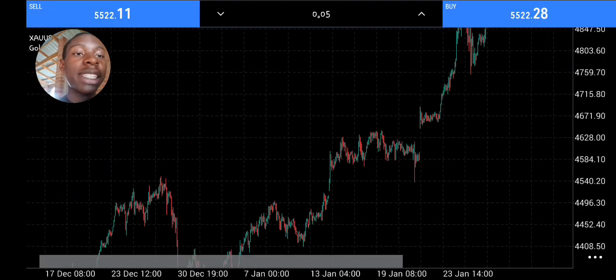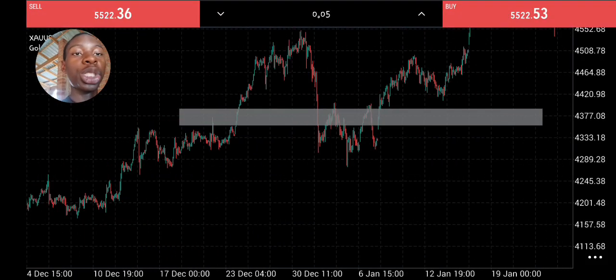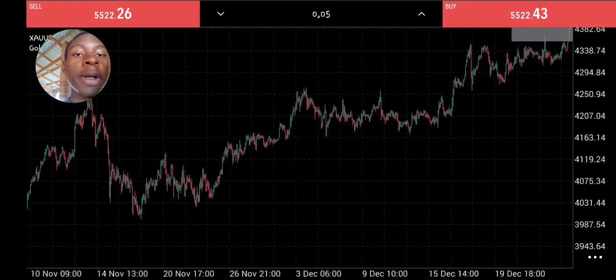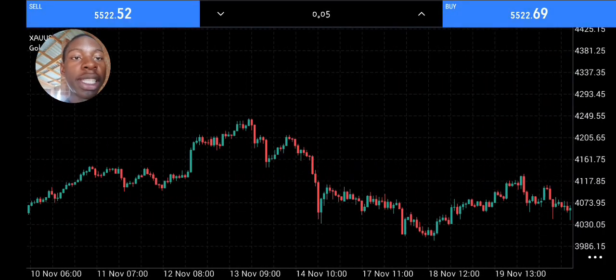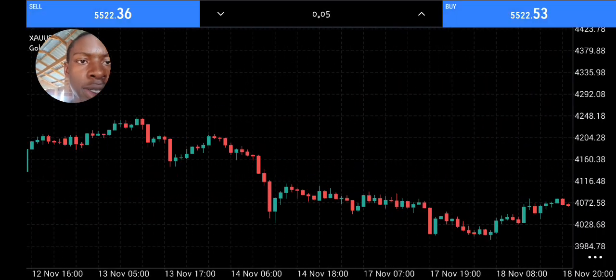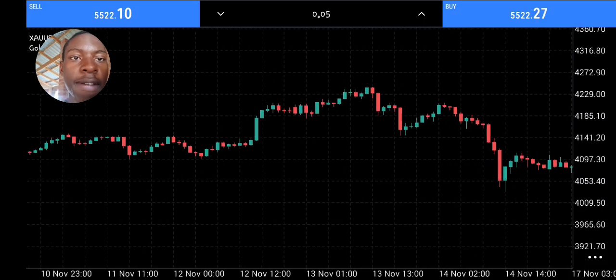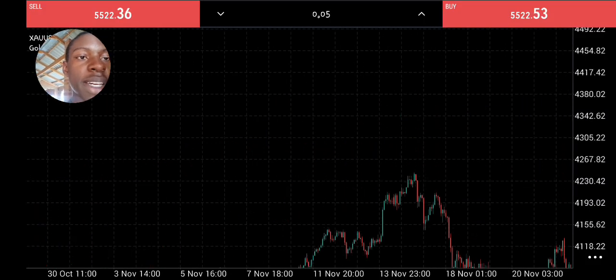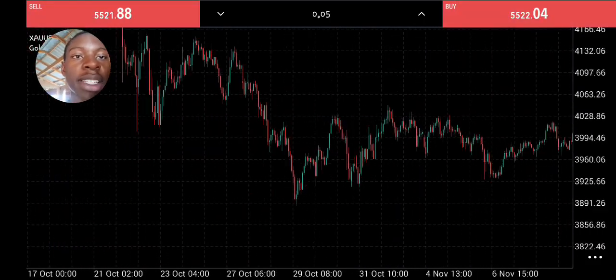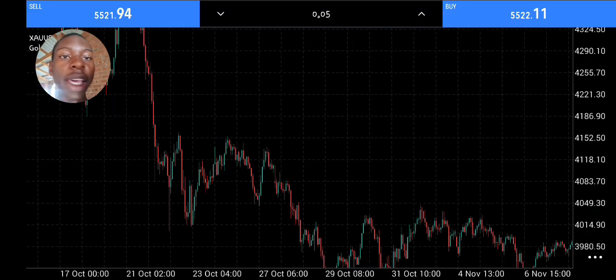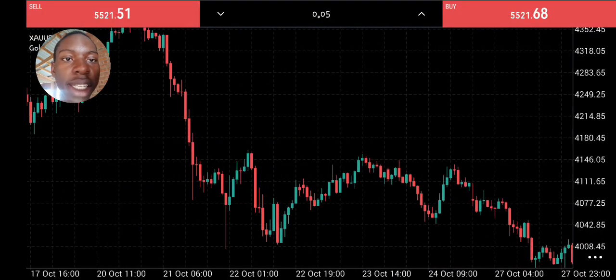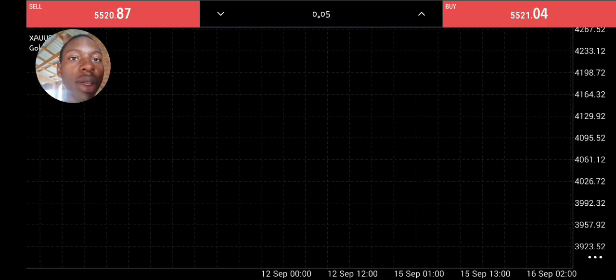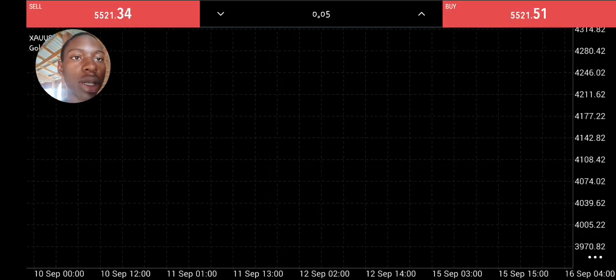Now let's find some other examples where I can actually show you how this works. So we need to see a fair value gap where price makes those big moves. Okay, for instance, I think it's somewhere here.